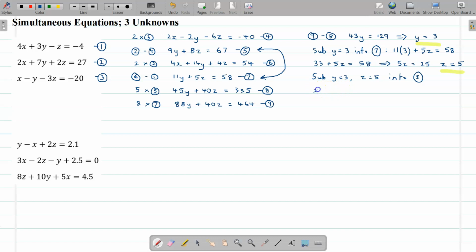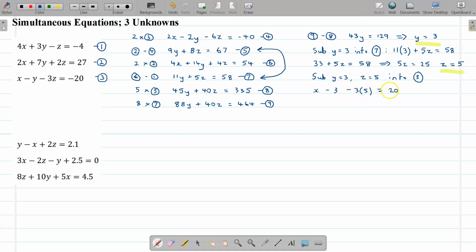So x minus 3 minus 3 lots of 5, and that's going to equal 20. So I'm putting all of that information into this equation here. And then just rearrange that. Well, that's minus 15, that's minus 3, so it's minus 18.